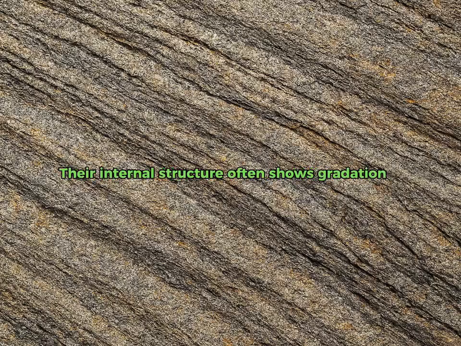Their internal structure often shows gradation from highly deformed core zones to less affected outer zones. These zones are classified based on geometry, kinematics, and deformation mechanisms. Shear zones are broadly classified into ductile, brittle, and brittle-ductile types.